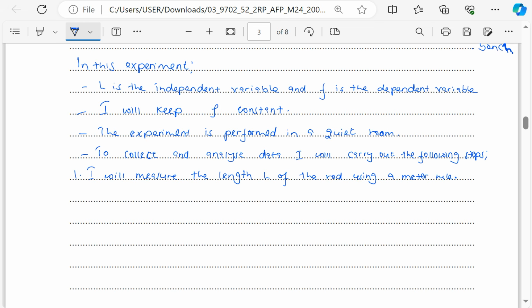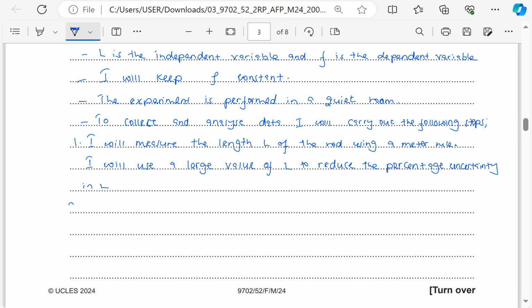I'll use a large value of L to reduce the percentage uncertainty in L.